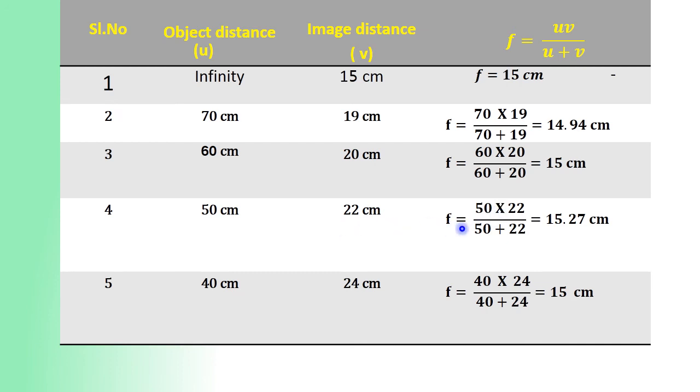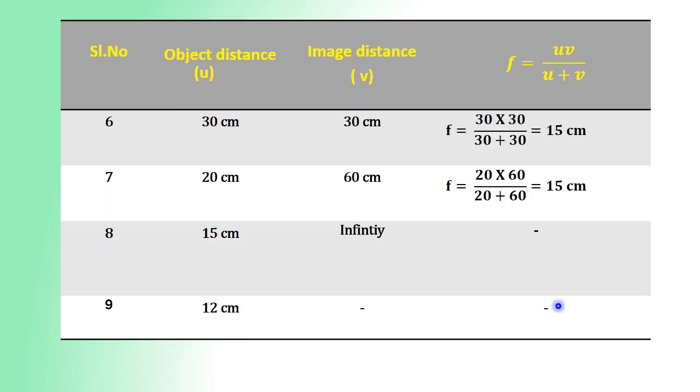By substituting these values in the formula and simplifying, we get F as 15.27 centimeters. Similarly, 40 and 24, F is 15. And case number 6, 30, we get 15 here. And the next case, U is 20 and V is 60. So here again we get F 15 centimeters.